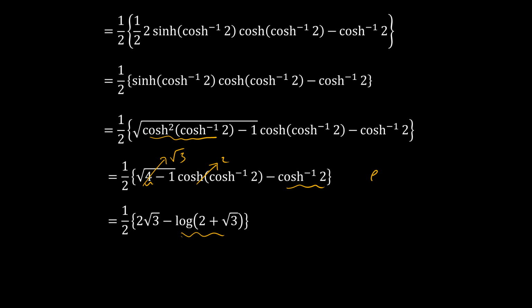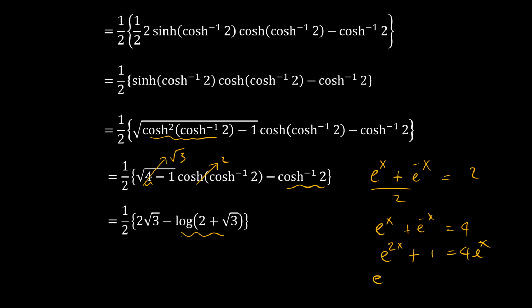How one would show that: if we have cosh x equal to 2, then e to the x plus e to the negative x equals 4. Multiplying across by e to the x, we have e to the 2x plus 1 equals 4 e to the x.